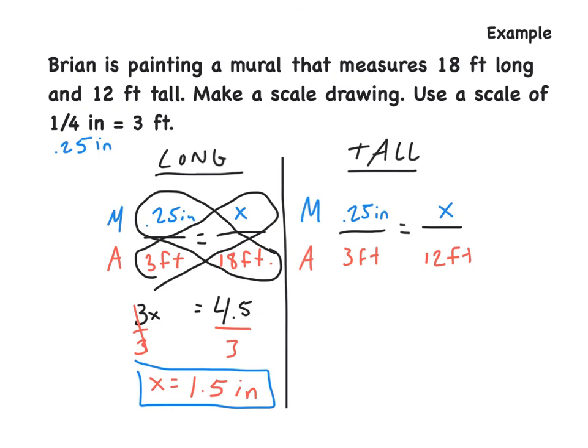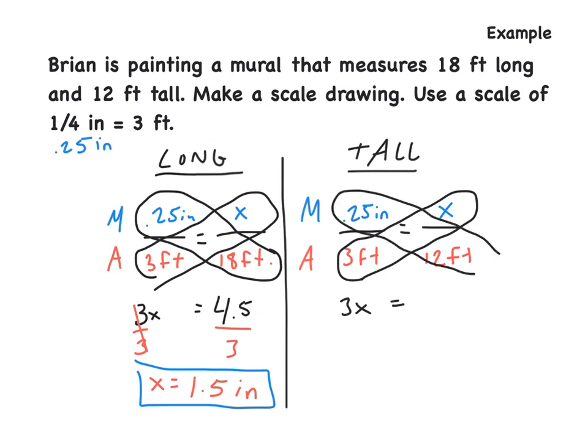So remember the butterfly method, and that would be 3x. And we multiply 12 times 25 hundredths, and that is equal to 3. So when we solve it through, we have to divide by 3 on both sides. So x is equal to 1 inch. So if we do draw this out, it would be a length of 1.5 inches and the height of 1 inch. So that would be the scale drawing that you would have to draw.